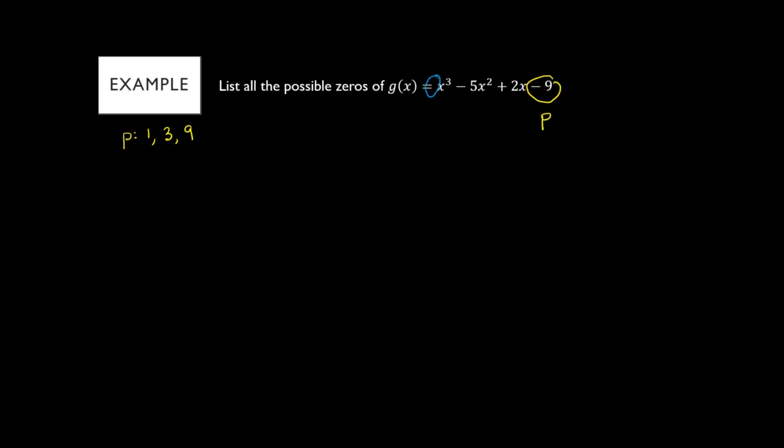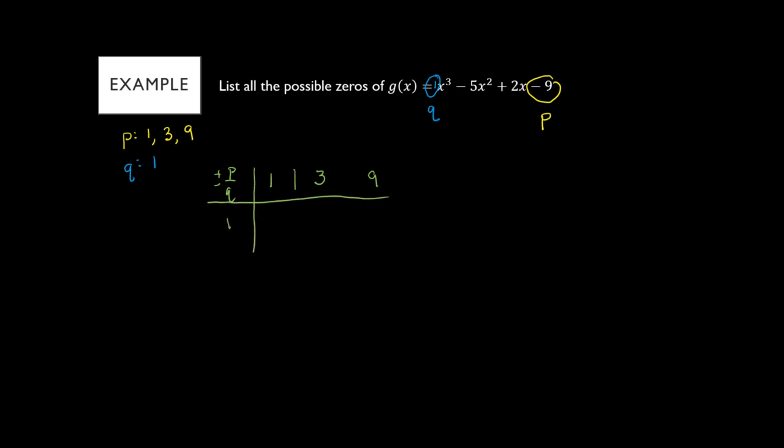Q is what's in front of the leading term. It's the leading coefficient, which if you don't have a number there, it's a 1. So since we started with an x cubed, there's no number, it's just 1. And the only number that divides into 1 is 1. So I'm going to set up my chart, and I'm going to put P going across, 1, 3, and 9.